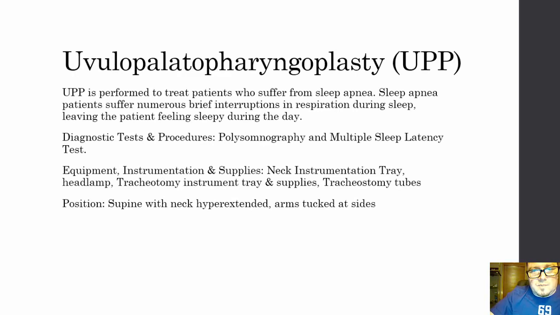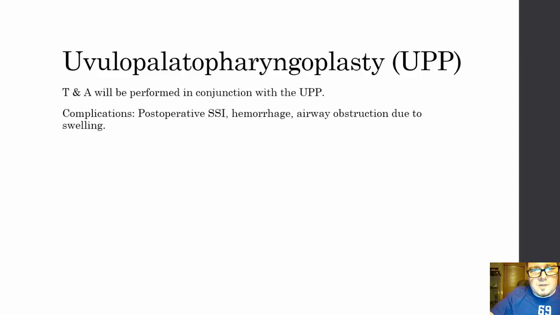UPPP is for sleep apnea. This is where we have all kinds of obstruction back there, and we need to clear out that airway so you can breathe better and be able to oxygenate. Usually if you're having this procedure done, your sleep apnea is really causing you not to oxygenate well at night. It's becoming dangerous.